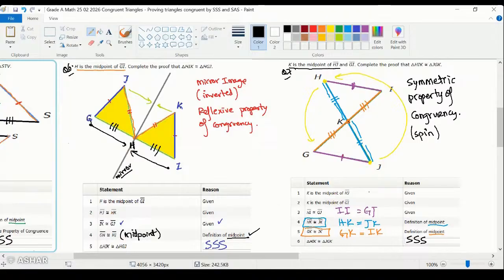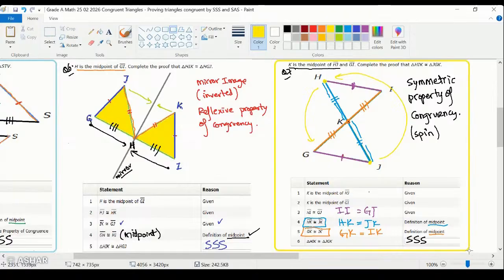Okay, so let's separate question number 7 from question number 6, just making the borders so that they would be differentiated.